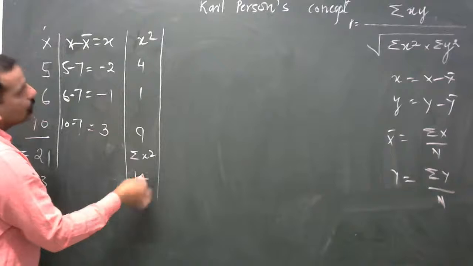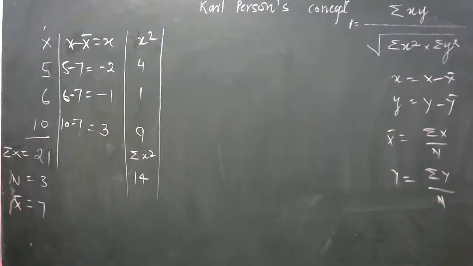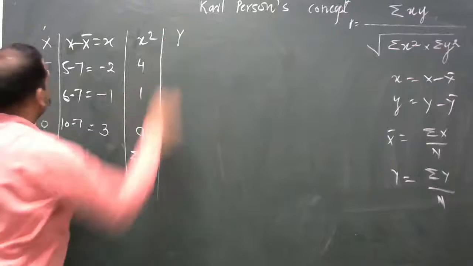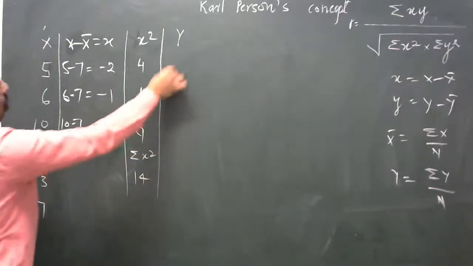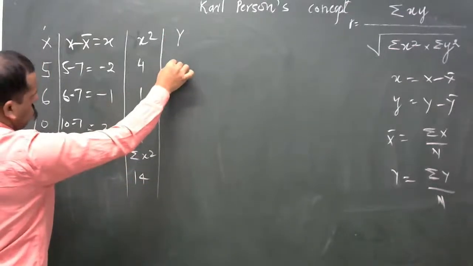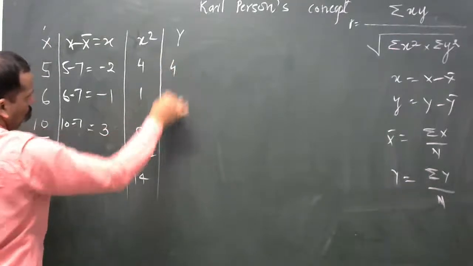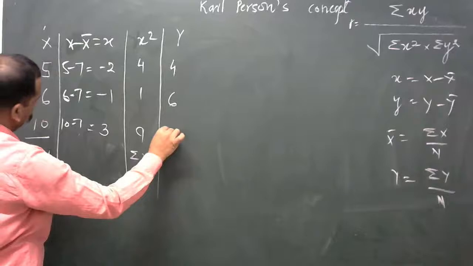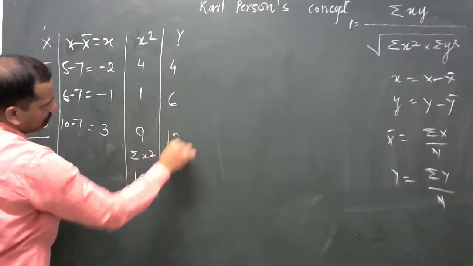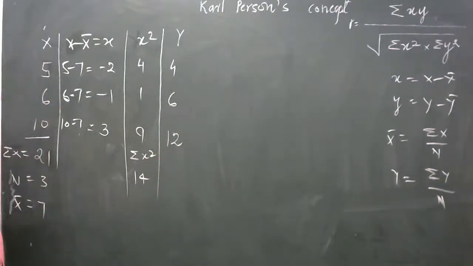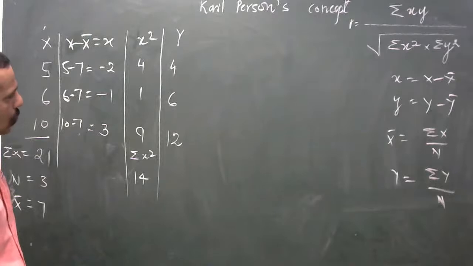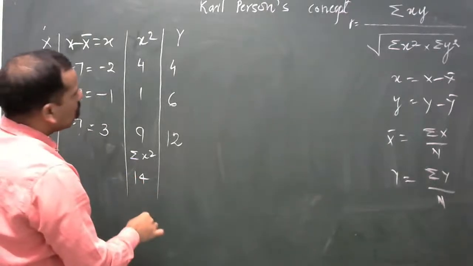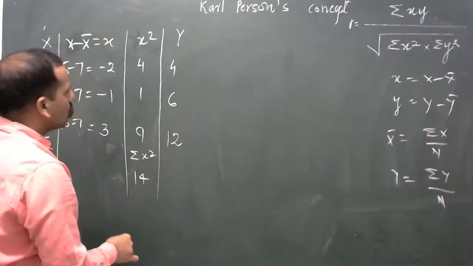14. Next step. Now let us take the value of y variable. So 4, 6 and 12, 10, 22. We can also change.